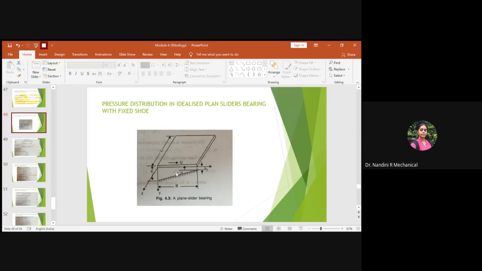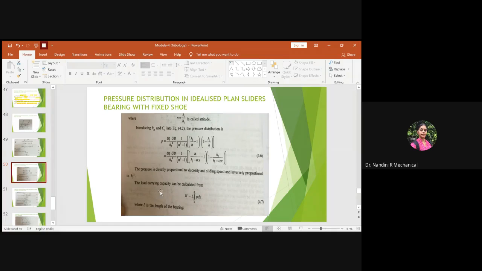It depends upon which grade lubricant we are using. Based on the grade of the lubricant, it will be able to give the required pressure, because the pressure distribution plays a very vital role that helps to withstand the load subjected on the plane slider bearing, right? So directly the pressure development will be proportional to the viscosity of the oil film you are using.